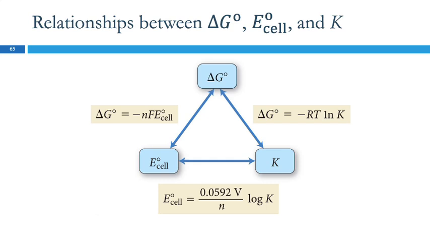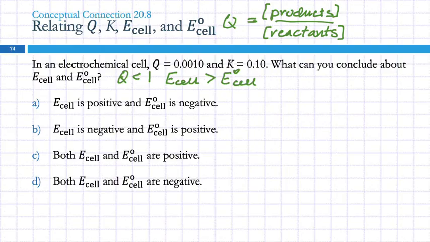That makes sense? So because K is less than 1, the log of K is less than 0. It's negative.